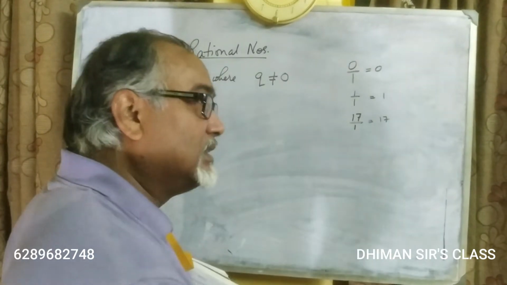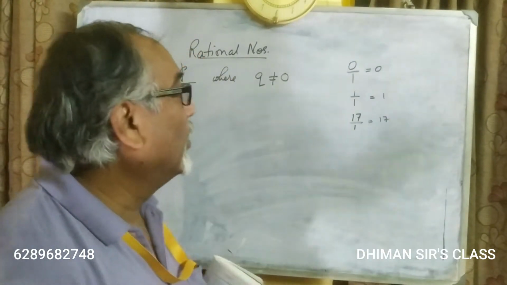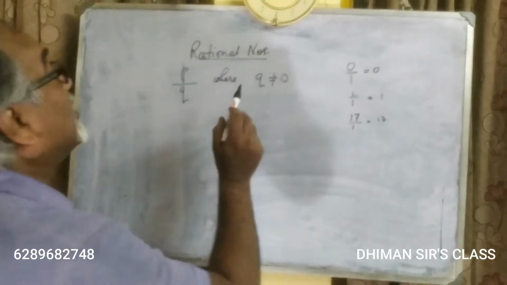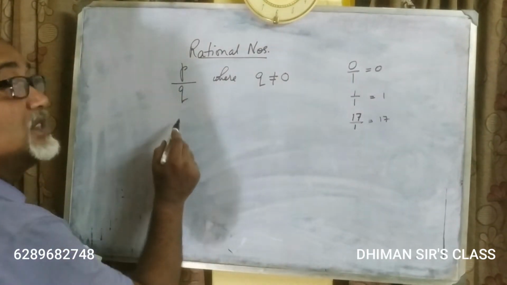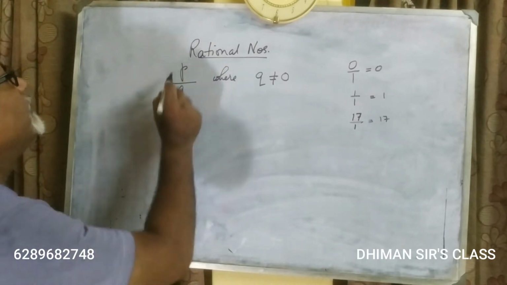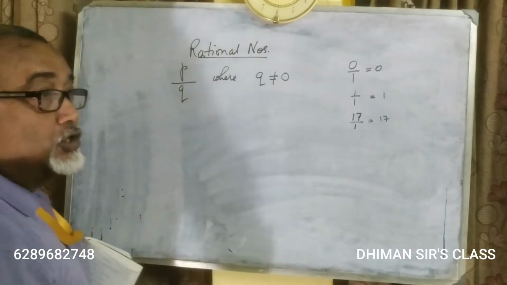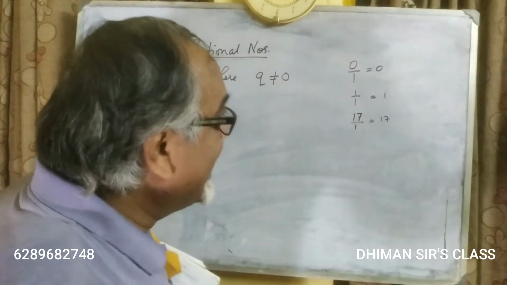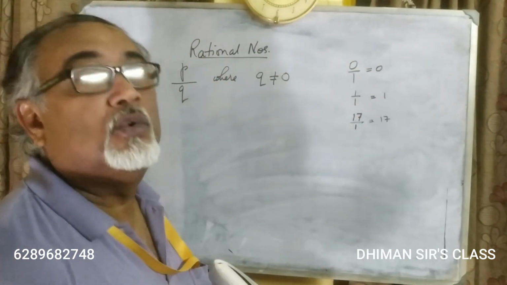So all whole numbers, even natural numbers, are also rational numbers. Why? Because rational numbers are those numbers which can be written in the form of p by q, and q must not be equal to 0. Am I clear? Even an integer is also a rational number.